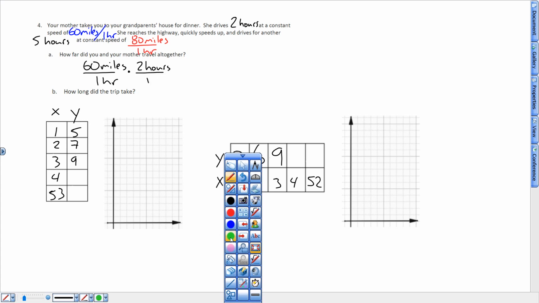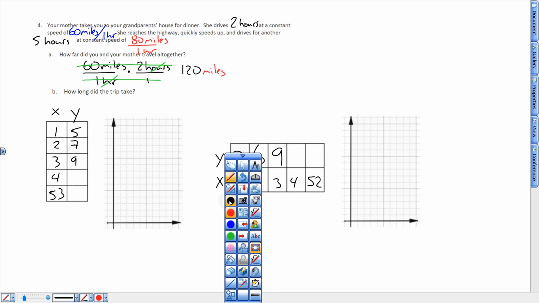Again, these units will cancel. All you're going to be left with is miles this time straight across. 60 times 2 gives me 120, and then the only unit left there is miles. Do the same for the next chunk.